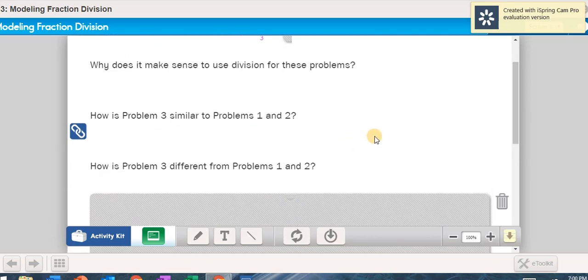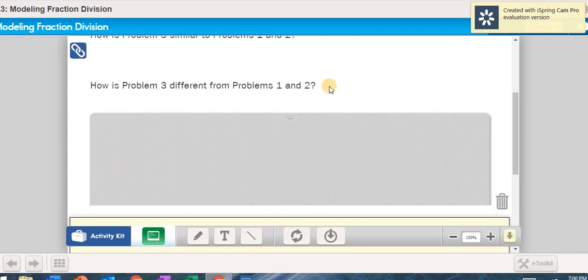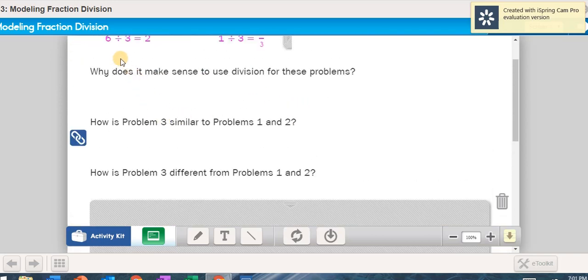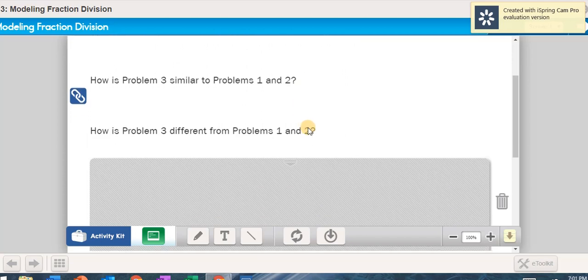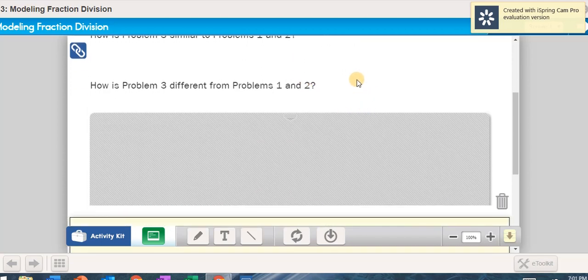It says, how is problem 3 different from problems 1 and 2? Well, problem 3 started with a fraction of a rope, right? It was less than 1. So the other 2 questions, 1 and 2, started with 6 and it started with 1. Question 3 is going to start with 1/2. Our rope is 1/2 meters long and we need to cut that up into 3 equal pieces.